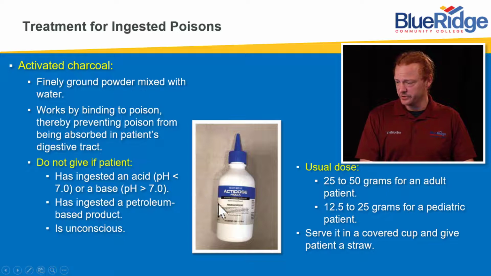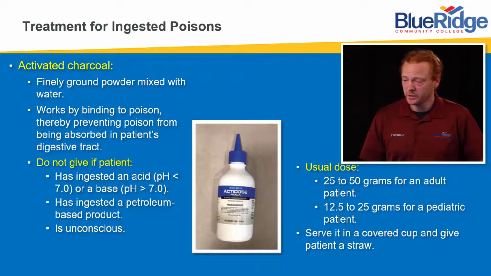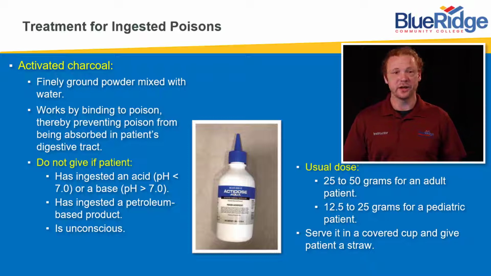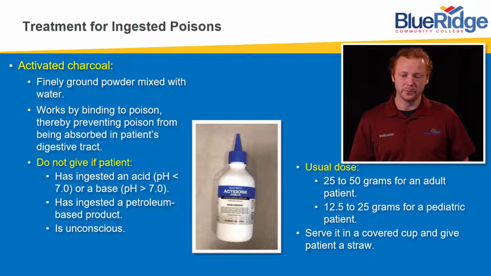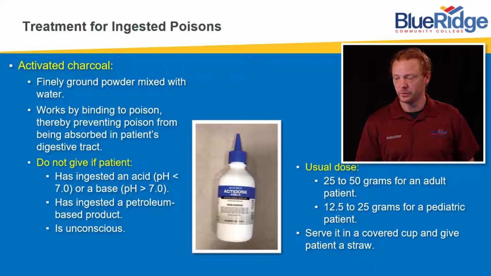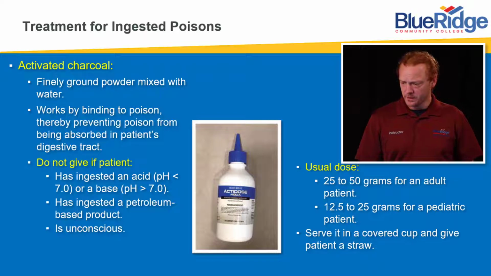Here is a picture of a brand of activated charcoal. It is a finely ground powder mixed with water. It works by binding to a poison, thereby preventing the poison from being absorbed into the patient's digestive tract. Basically, the activated charcoal binds to the poison instead of your digestive tract absorbing it.